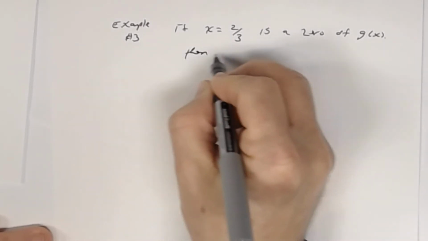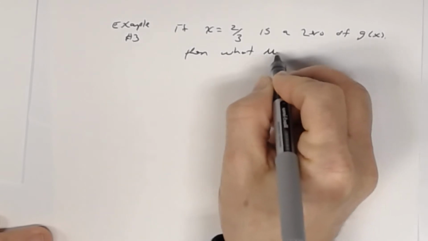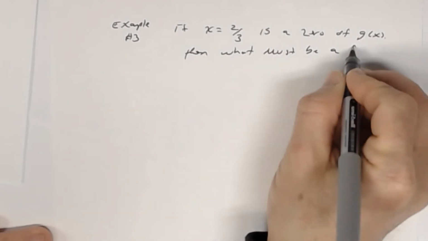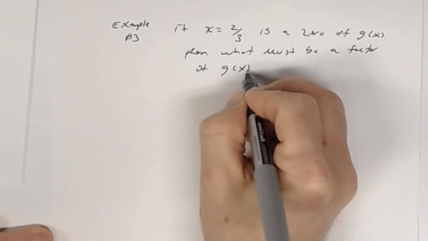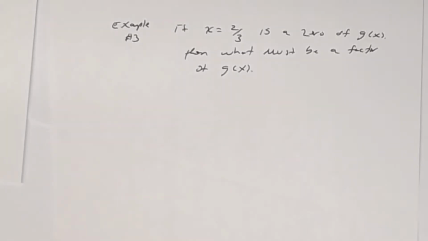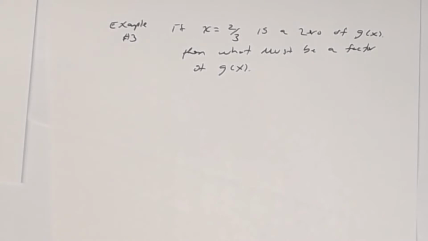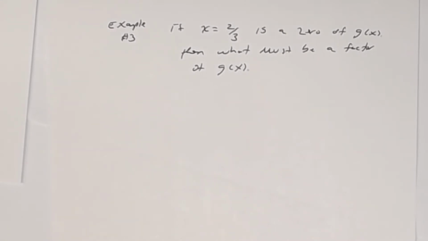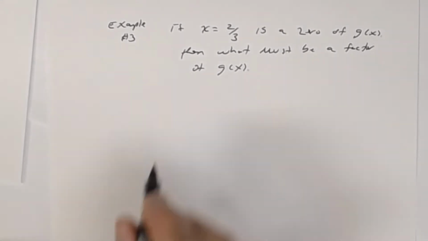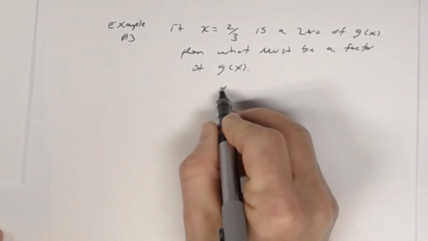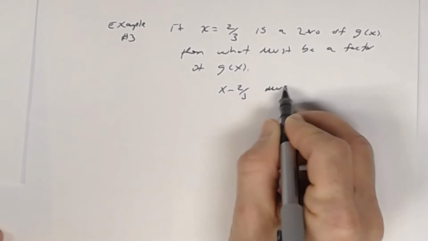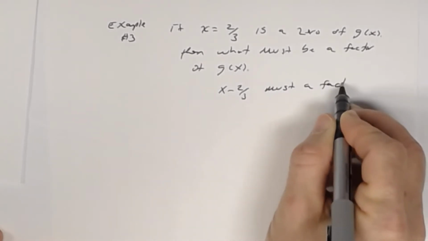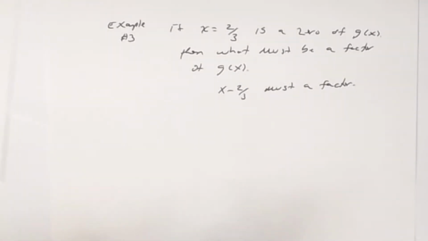Then what must be a factor of g of x? So if x equal 2/3 is a 0, right? So then we know x minus 2/3 must be a factor. Correct? Just like we did before.